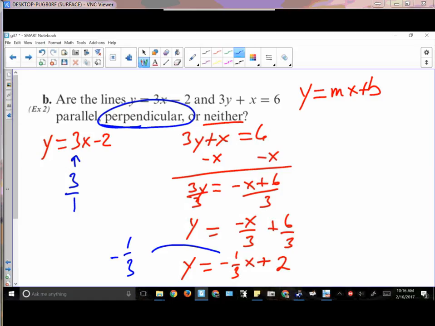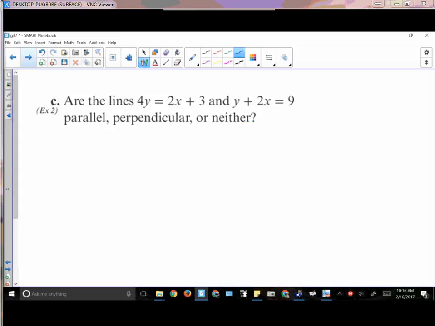So, I'm going to give you another one here. Give this a try and see what you come up with. All right. So, let's go. What do you think? Parallel, perpendicular, or neither? Perpendicular, he says.